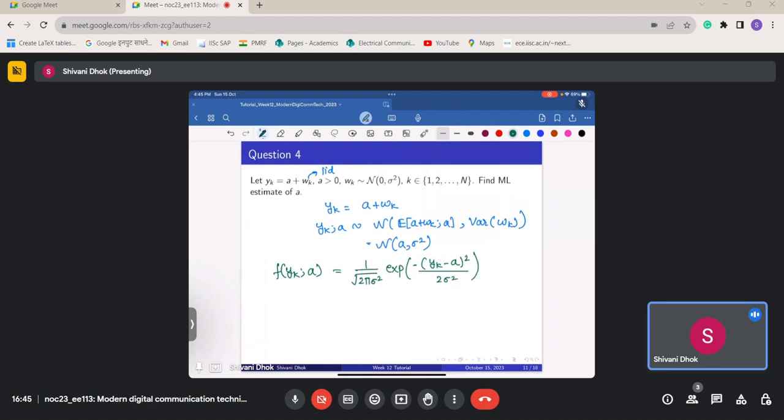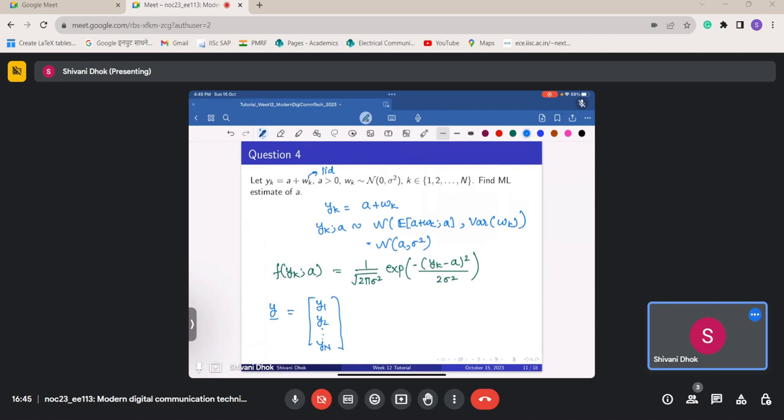If I stack these yk's in a vector y, which is y1, y2, and so on till yN, then since your wk's are IID, given a, these yk's are also IID because the mean is independent of k.